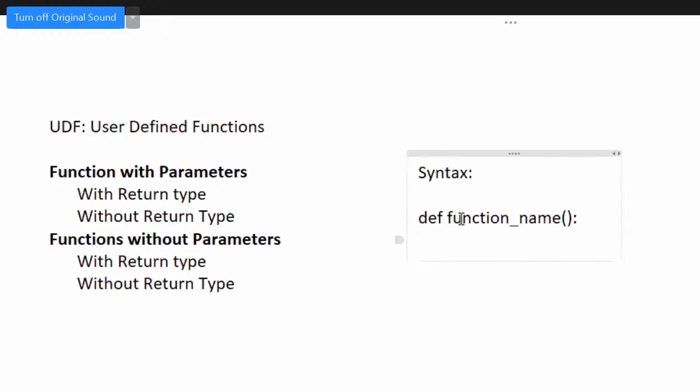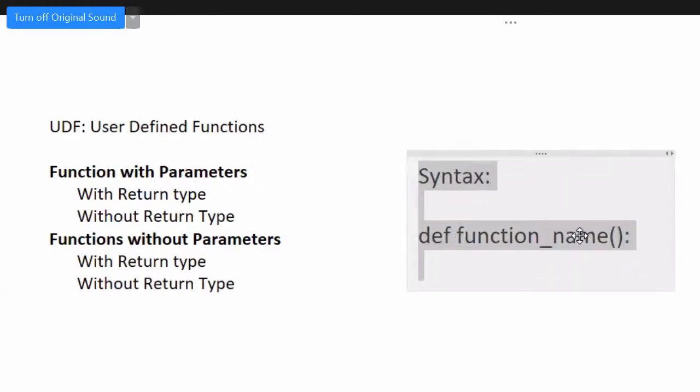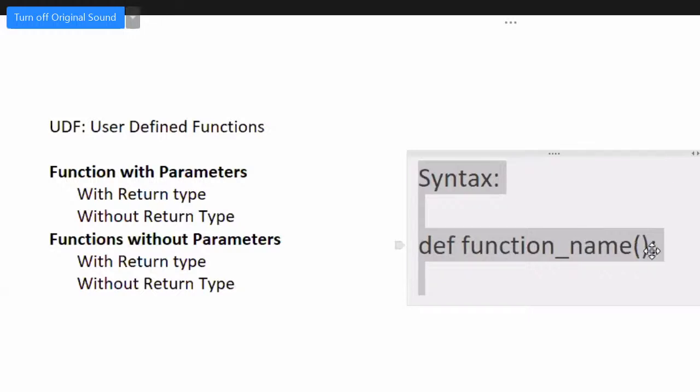Yes, okay. So I think it is easily visible for you people, right? I'll increase the size still more for you. Okay. So as I said, DEF function name with the colon.